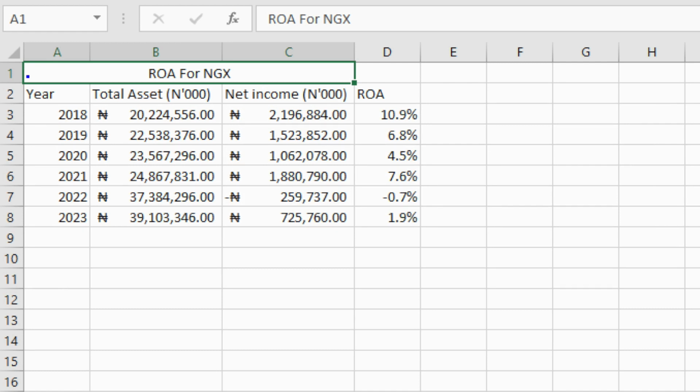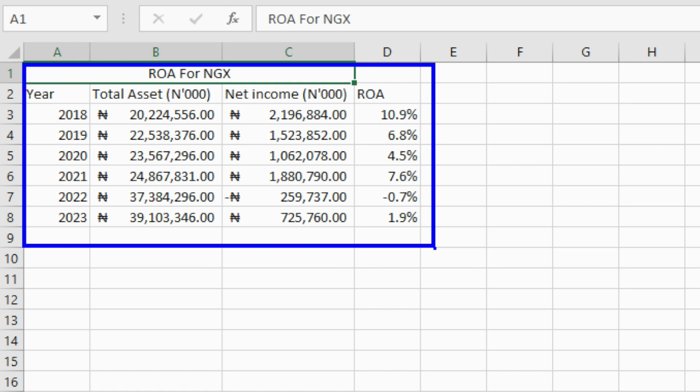So to get the return on assets, we divide both of these metrics.